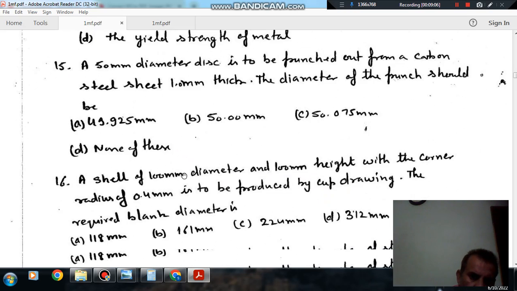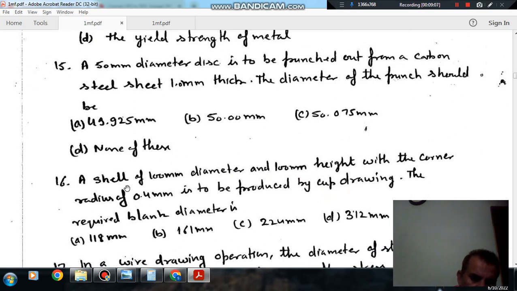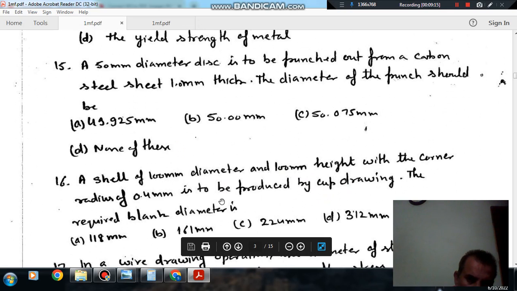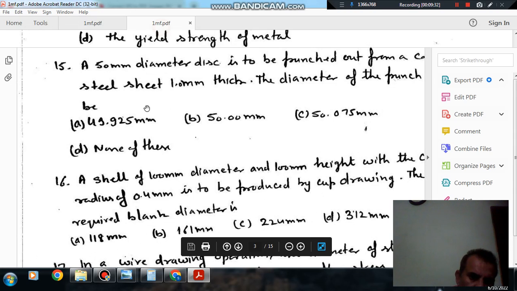Next, question number 16. A shell of 100 mm diameter and 100 mm height with a corner radius of 0.4 mm is to be produced by cup drawing. The required blank diameter is option A 118 mm, option B 161 mm, option C 224 mm, option D 312 mm.